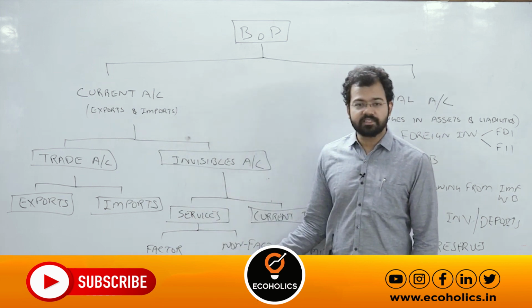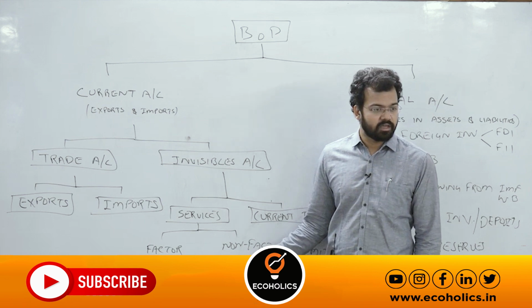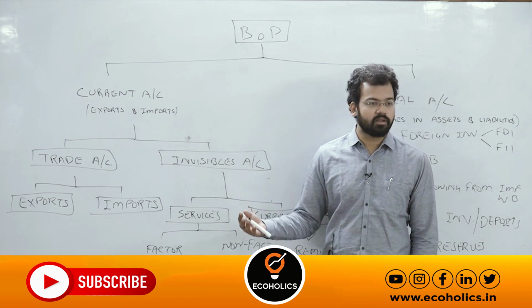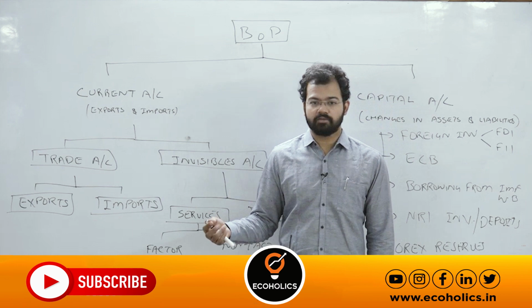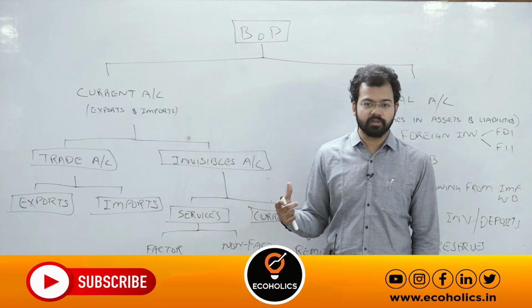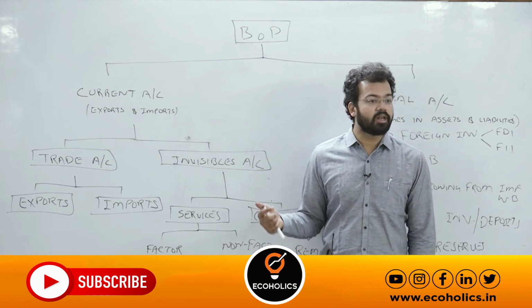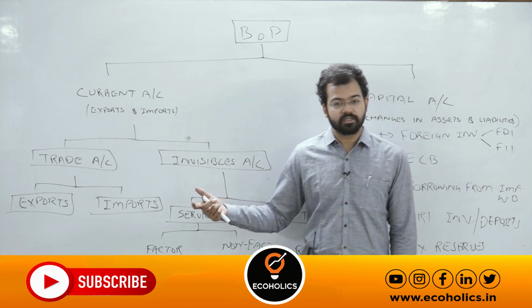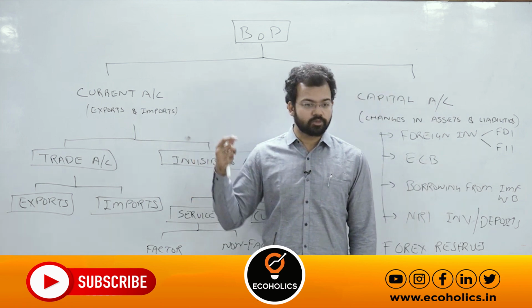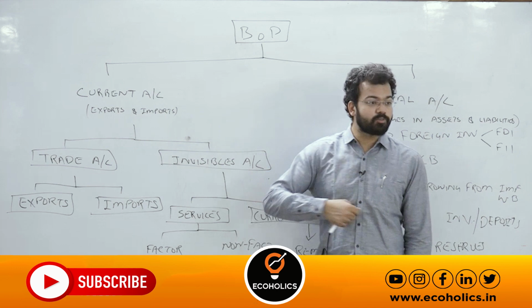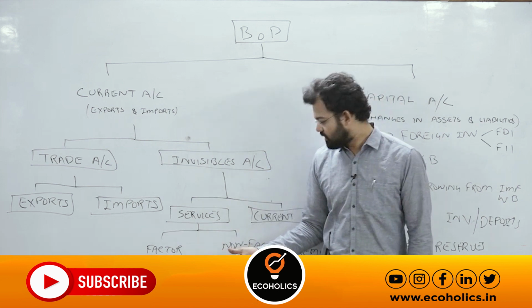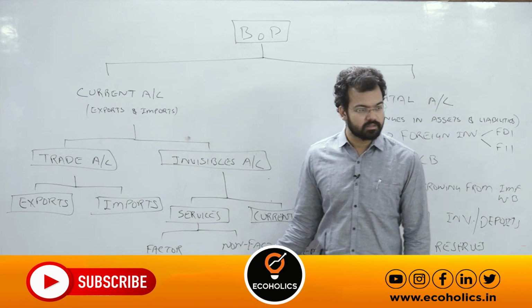If I'm giving consultancy services, suppose for example, I've conducted one lecture on how to prepare for GMAT. That is online, so those are services to students of other countries. I'm exporting my services, consultancy services. This will come under non-factor.